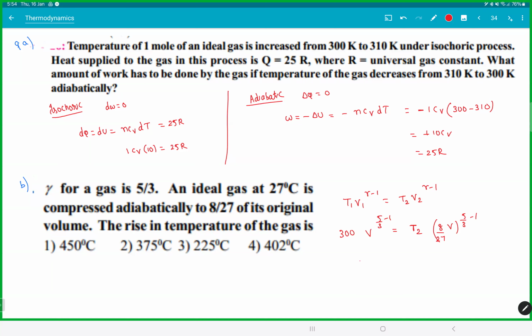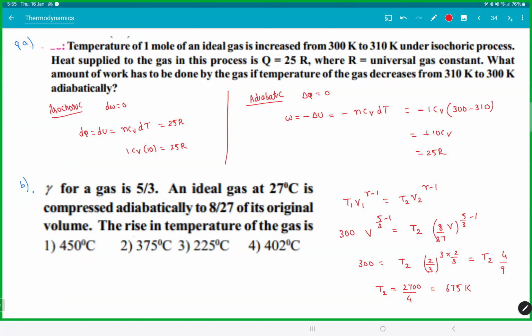We will cancel V. That's T1 into T2, and this is 2 by 3 whole cube, to the power 5 by 3 minus 1, which is 2 by 3. So that is T2 times 2 by 3 whole square, 4 by 9. So T2 will be 2700 by 4, which is 27 into 25, which is 675 Kelvin, right?